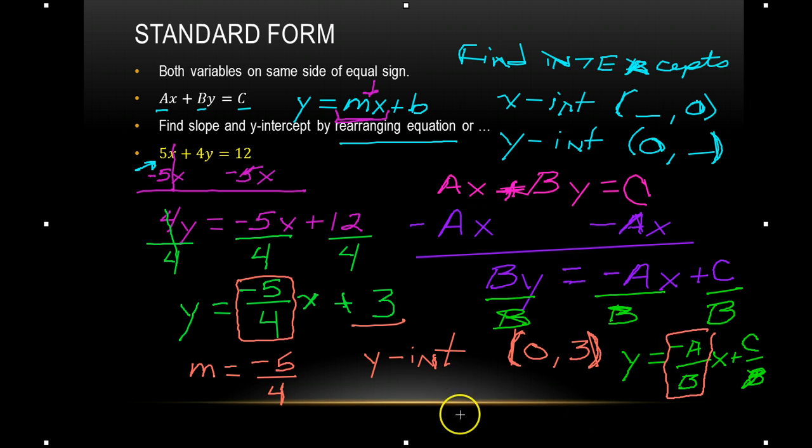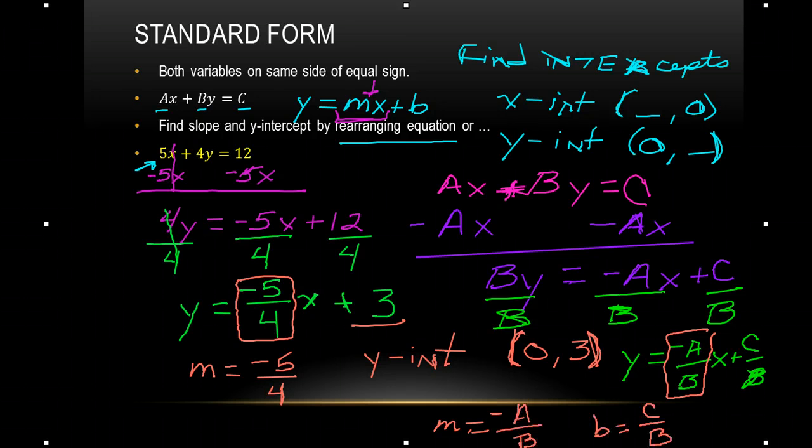Opposite of the a value. So your m is equal to the opposite of a over b, and the b, or your y-intercept, is equal to the c over b.